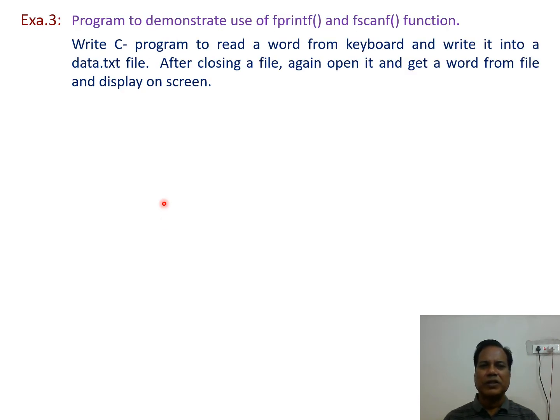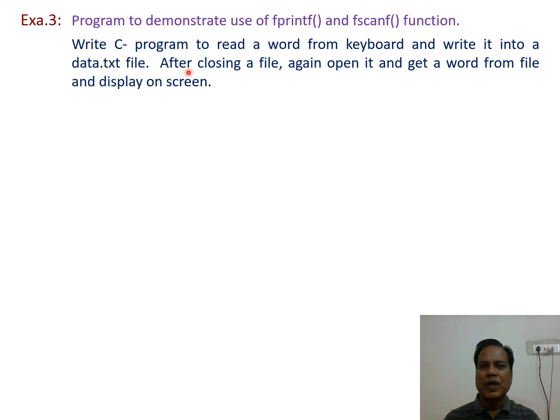Now let us discuss a third example, and in this third example we will see the use of the fprintf as well as fscanf functions. This program is to write a C program to read a word from the keyboard and write it into a data.txt file.